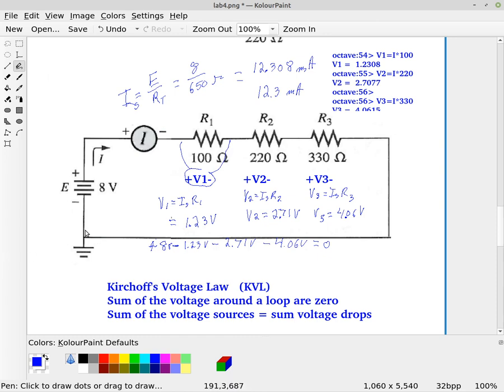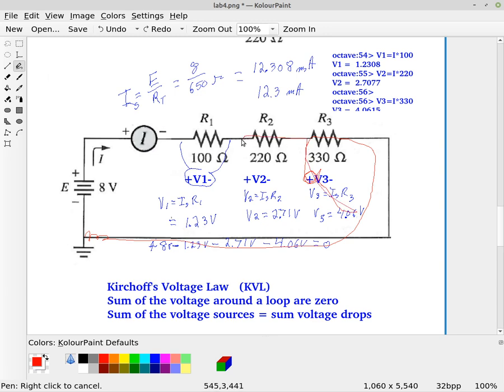Let's say that we start here, and let's go backwards. Okay, so let's start here, but now I'm going to go counterclockwise. So if I go counterclockwise, and I come out here and I look, oh wait, there's a plus sign. So I went up 4.06 volts.